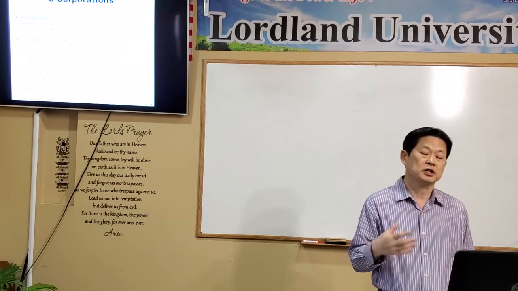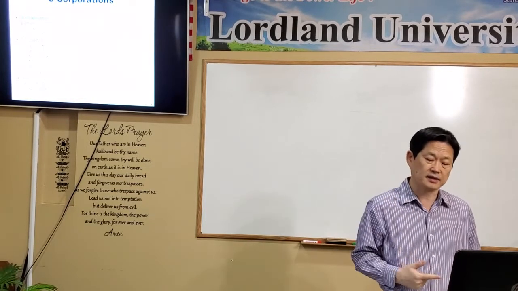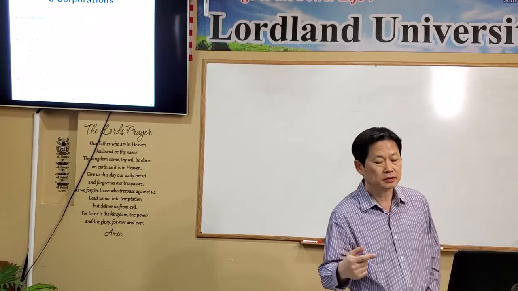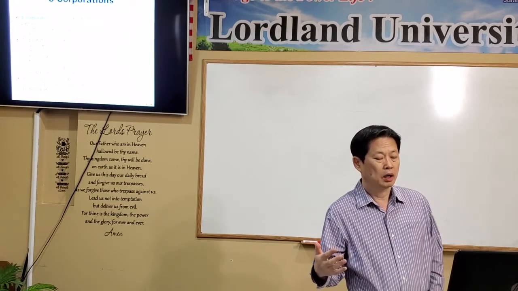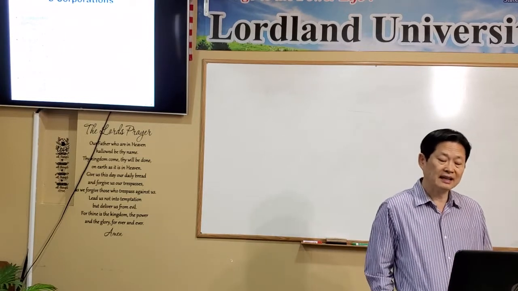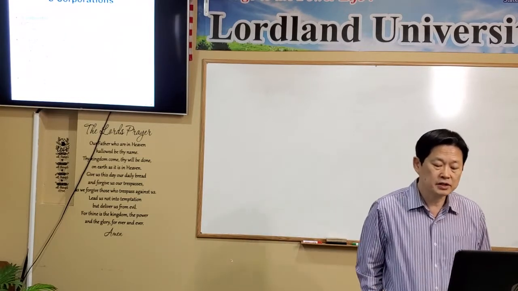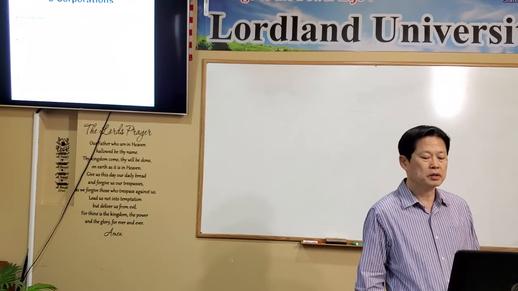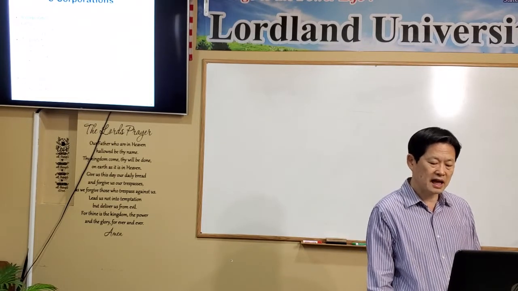An S corporation is a corporation that is taxed as though it were a partnership. In other words, the corporation's income is taxed only as the personal income of its stockholders.